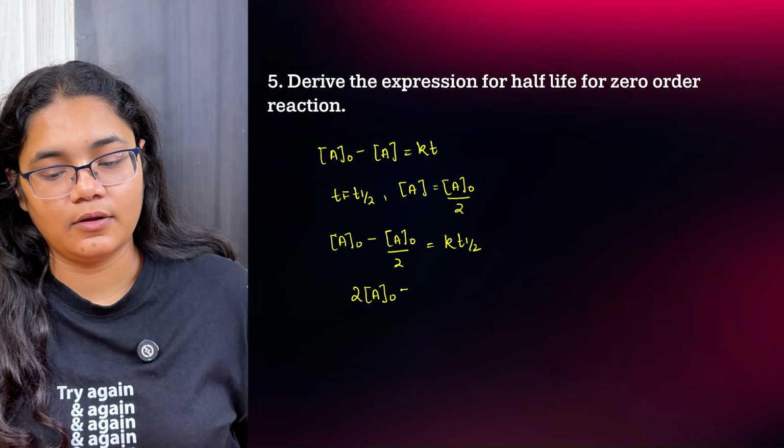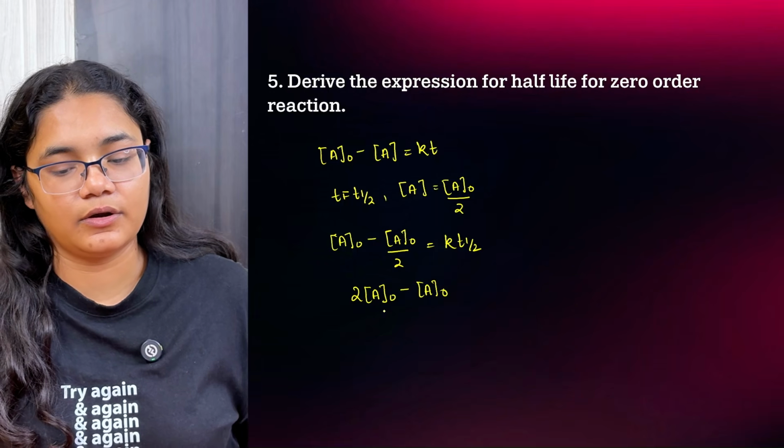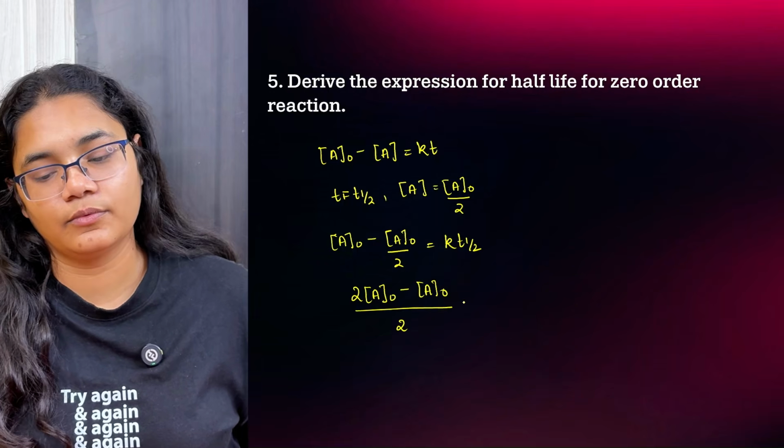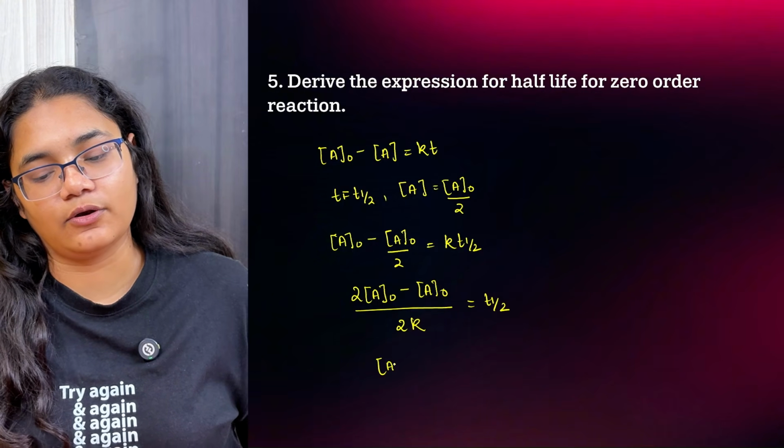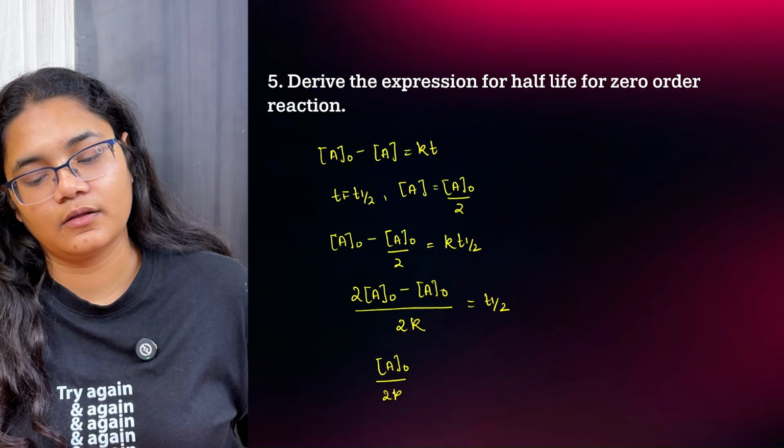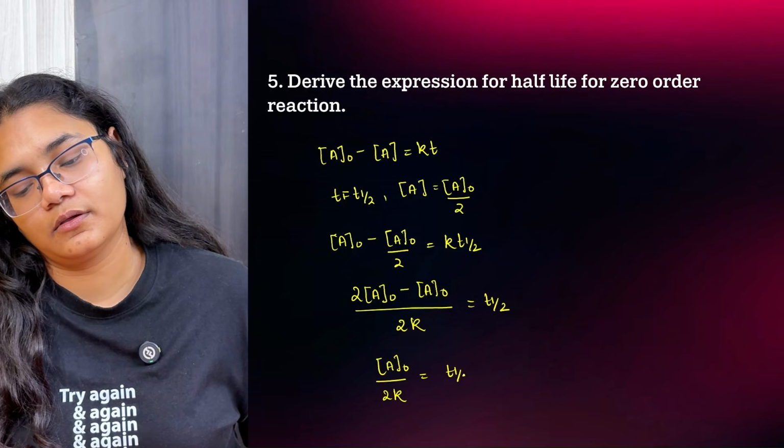2A0 minus A0 by 2 into K is equal to T half. So I will get here A0 by 2K. Okay.